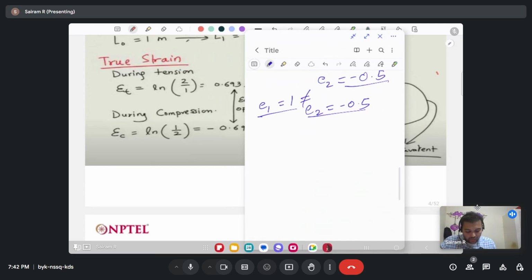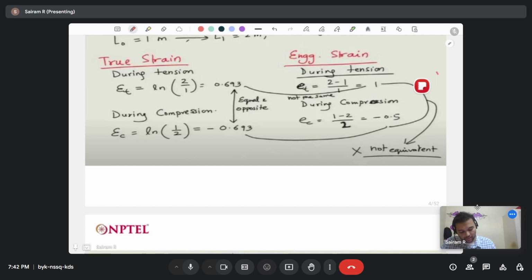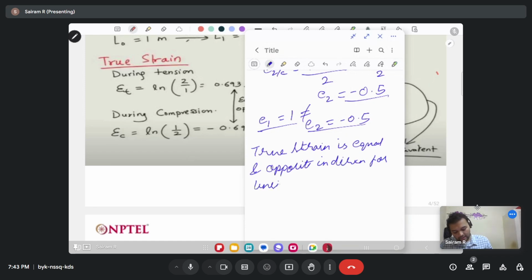Okay, so from this we can again reiterate the fact that true strain is equal and opposite in direction for tensile and compressive loads for the same.